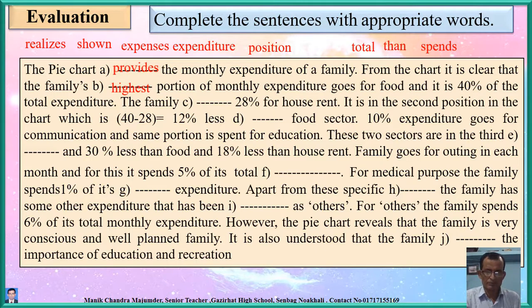Highest portion of monthly expenditure goes for food, and it is 40% of the total expenditure. The family expends 28% for house rent. It is in the second position in the chart, which is 40 minus 28 equal to 12% less than the food sector.